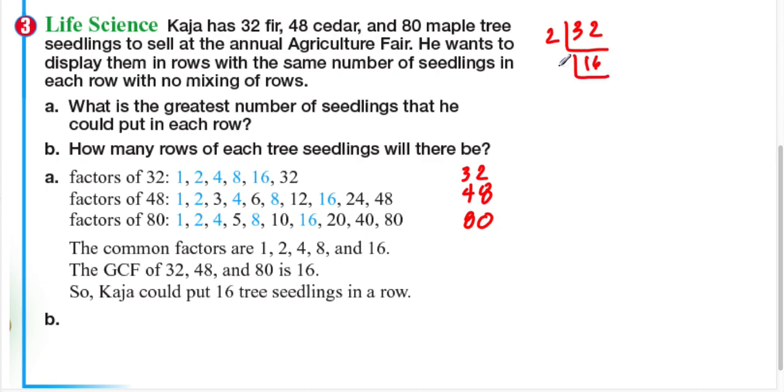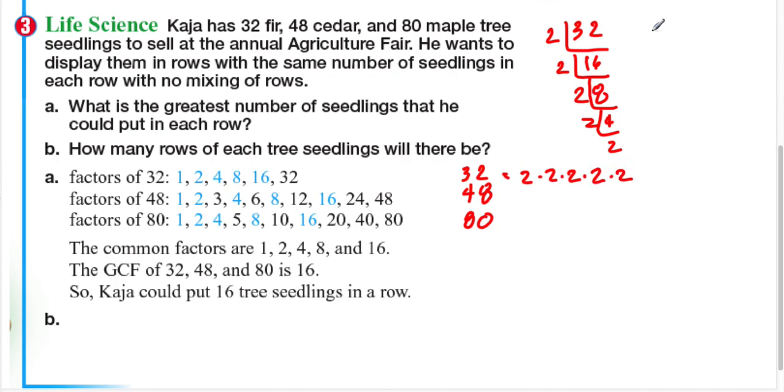The prime number that goes into 16 would be 2 again. 16 divided by 2 is 8. The prime factor that goes into 8 would be 2. That would be 4. Okay, 2 and 2. So the prime factors of 32 would be 2 times 2 times 2 times 2 times 2.